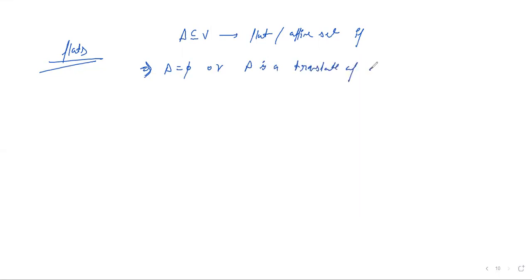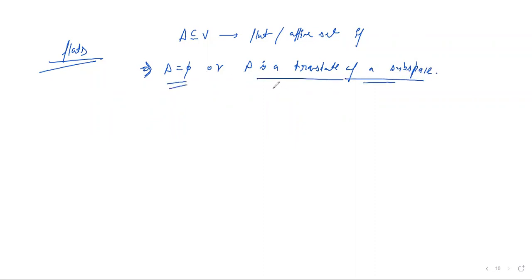Okay. Now if I define it like this: a set A, which is a subset of V, is said to be a flat, or you can say an affine set, if A equals phi, or A is a translate of a subspace.